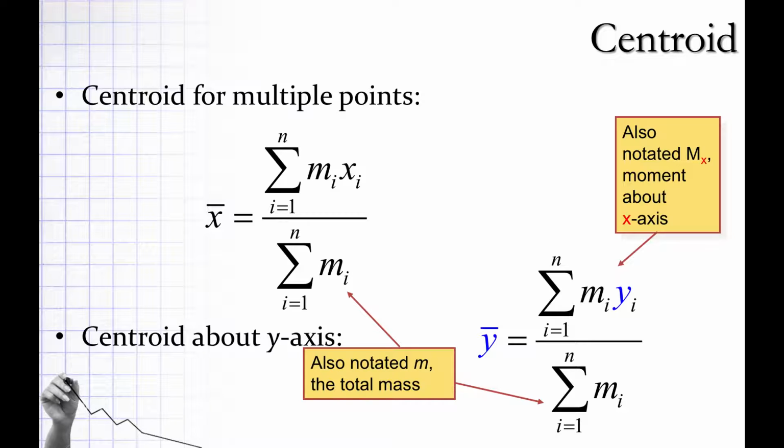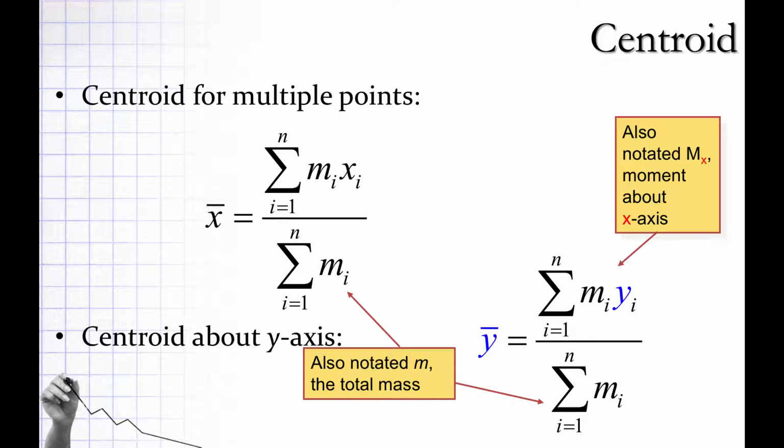Does about and with respect to mean the opposite thing? I don't know what you're asking. The moment about x. Is that just the one where you use axis? Well, this is the moment about x, so it's our y distances from the x-axis.